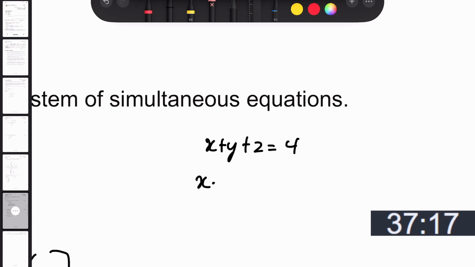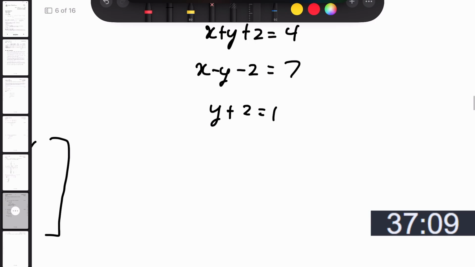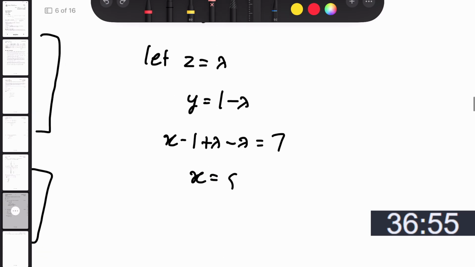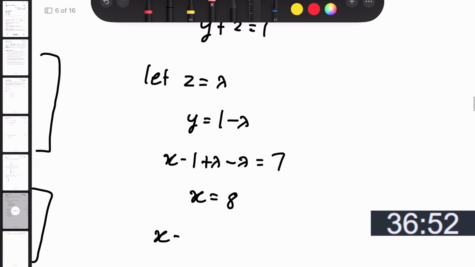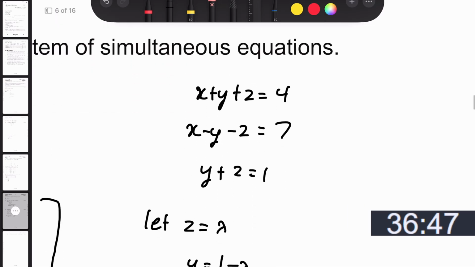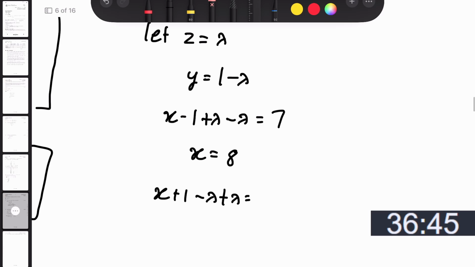So 4x minus y minus z is 7, 1. Let z equal lambda, then y is equal to 1 minus lambda. x minus 1 plus lambda minus lambda is equal to 7. So we'll say x is equal to 8. Then x plus 1 minus lambda plus lambda is equal to 4, is equal to 3.